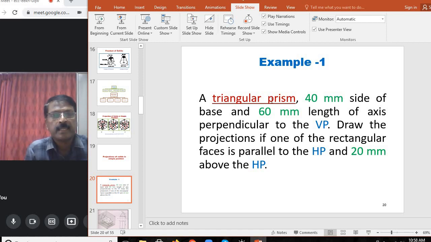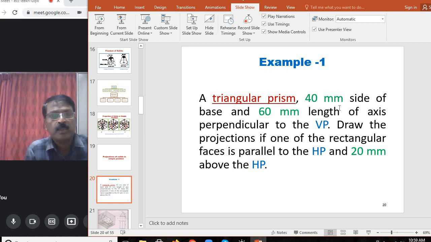The object, triangular prism, is underlined because while starting the projections of the prism, you should understand the terminology related to a triangular prism. A triangular prism consists of two triangular bases, three rectangular faces, base edges, vertical edges, corners, and an axis. Here the dimension given is 40 mm side of base.